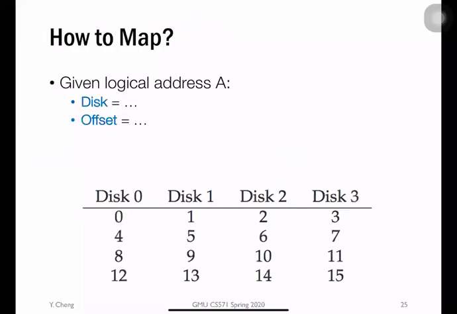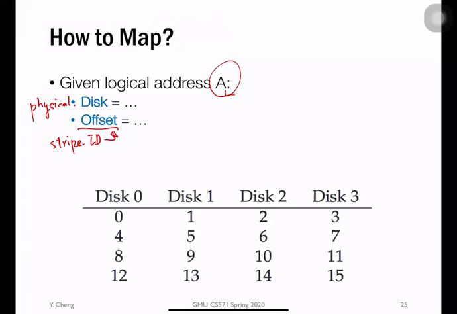So the next question is, given a logical address A, how do we calculate the physical disk that A belongs to, and the offset that A belongs to? By offset, you can think of it as the ID of the stripe, so it's called the stripe ID. How do we calculate that?